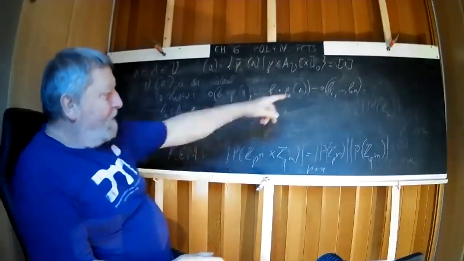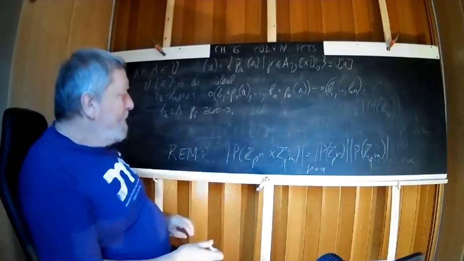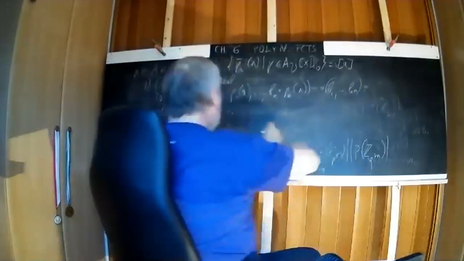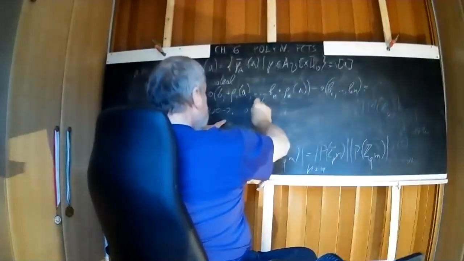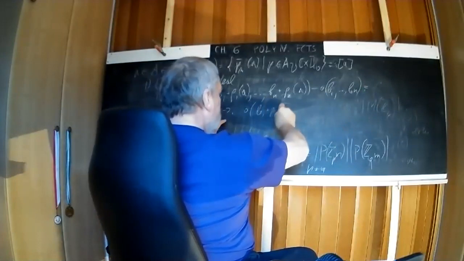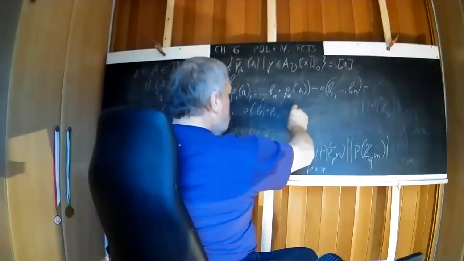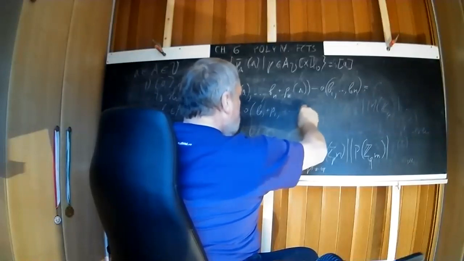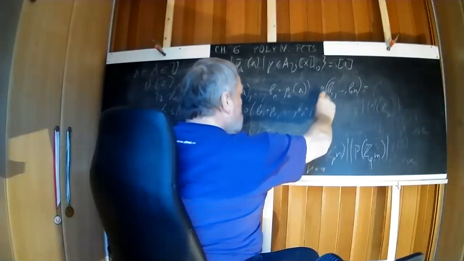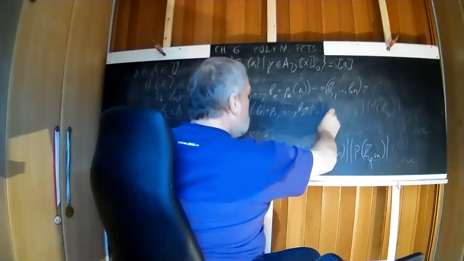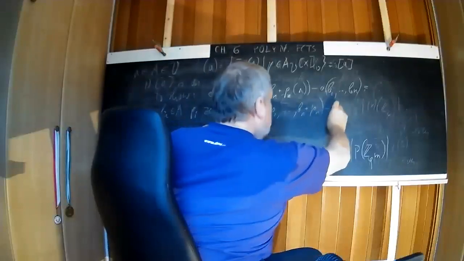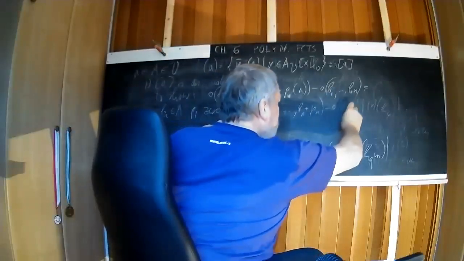But what we see here, this thing can be easily rewritten in the following form. That's the composition of P1 plus P1 up to Pn plus Pn minus the composition of P1 up to Pn.